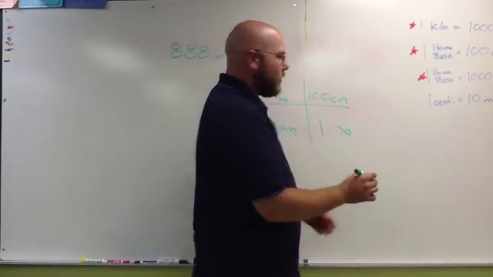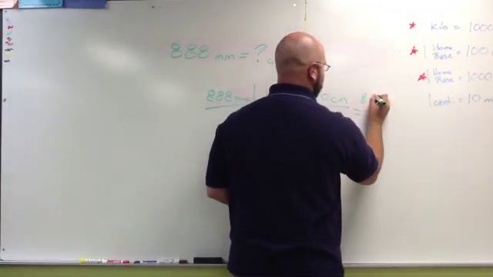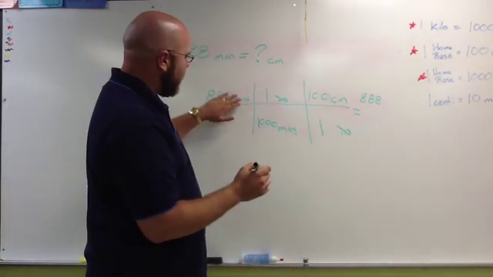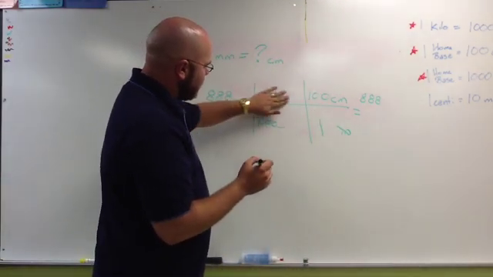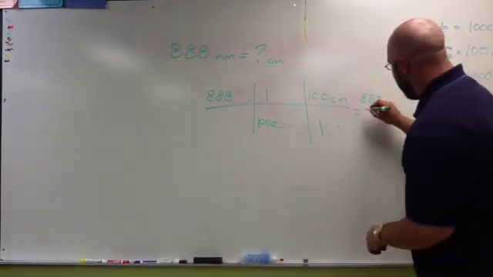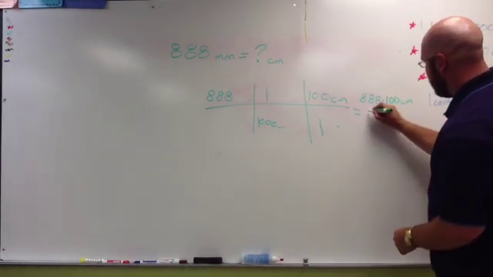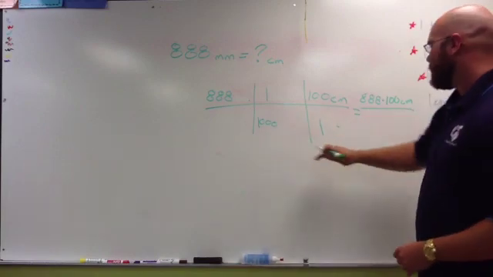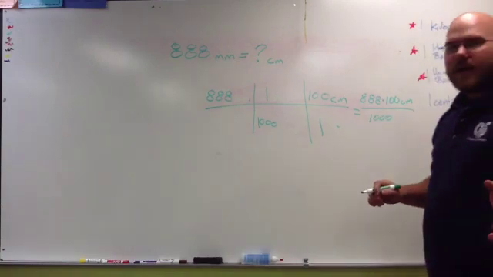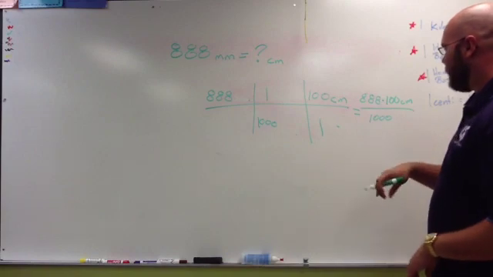And then I'm going to rewrite the whole equation. So I've got 888, and since my units have been crossing out, I'm only left with centimeters. 888 times 100 divided by, oh, and I've got the 1,000 down here, divided by 1,000. So if I want to, I could work out the top and multiply everything out on the top and then on the bottom.